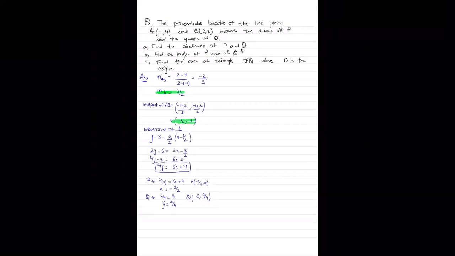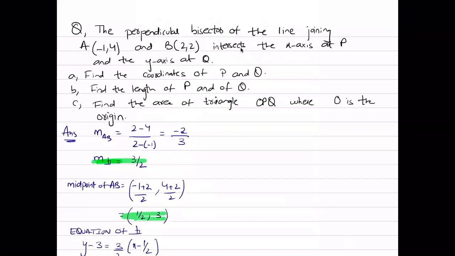So how am I supposed to find the length of PQ? You use that formula: square root of (x2 minus x1) whole squared plus (y2 minus y1) whole squared.